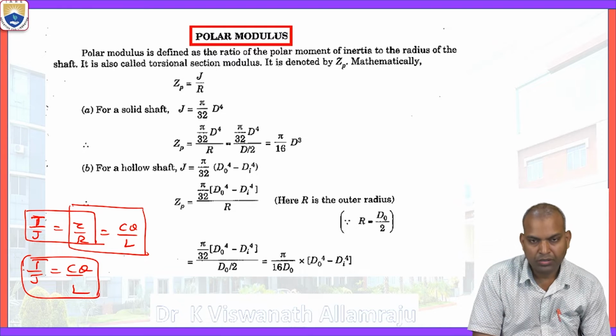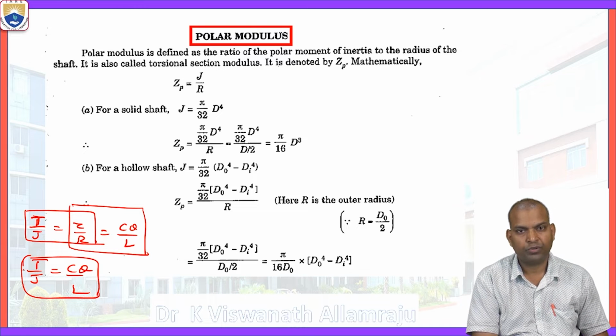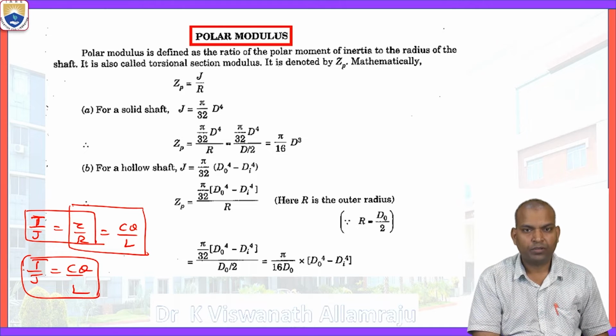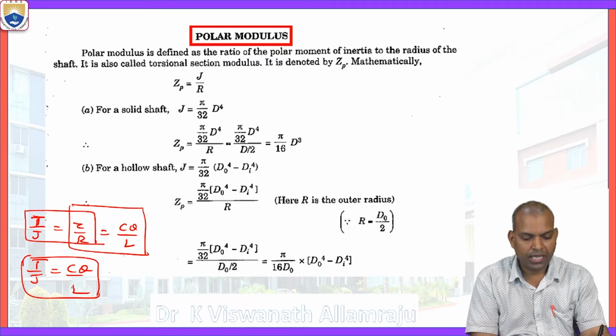So when the torque acts on the body, immediately the material property, the modulus of rigidity, comes into the picture, where L is the length of the shaft and J is the polar moment of inertia.